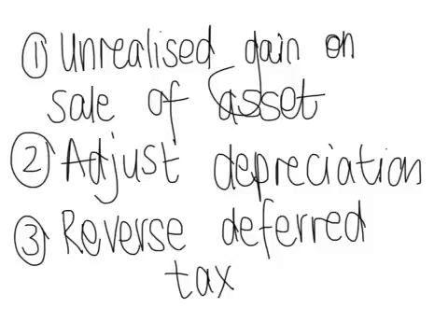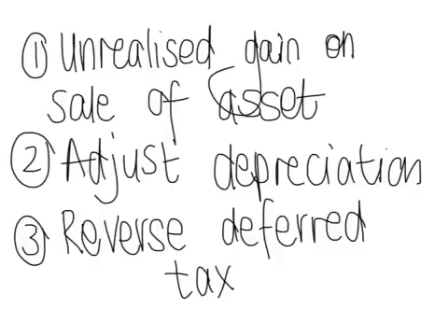The second adjustment that we have to do relates to the depreciation. The company that bought the asset and now owns it would have based their depreciation calculation on what they paid for the asset. But for the group, the depreciation needs to be based on the original cost of the asset when it entered the group structure for the first time.